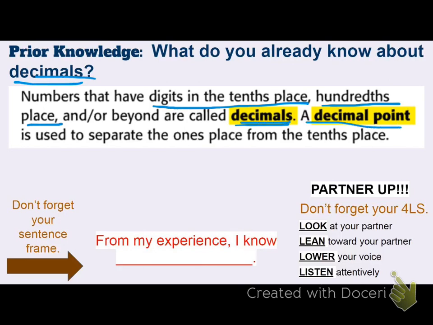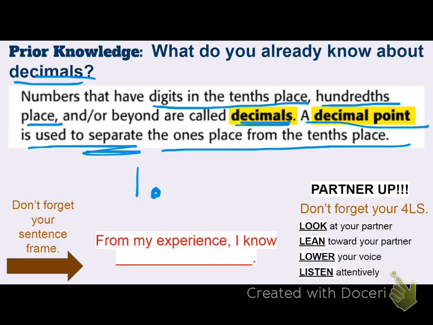And it says a decimal point is used to separate the ones place from the tenths place. So if I have $1, I can put this decimal to have a barrier between that whole value and what's after the whole value. So if I put a 2 after that decimal, then that's the tenths place.